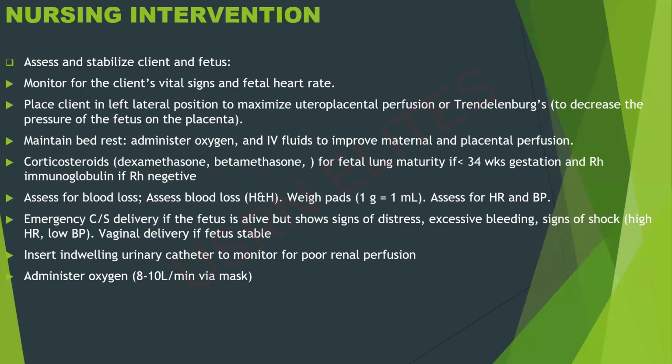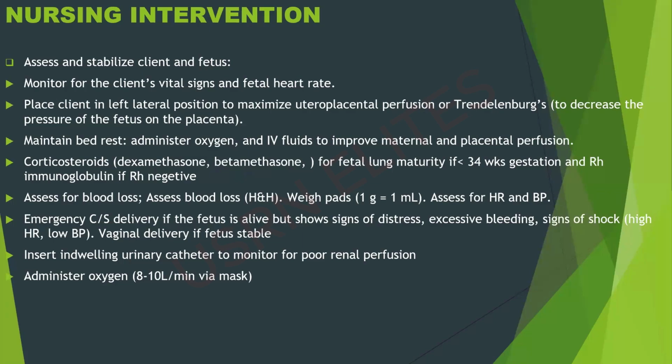Yeah, I understand. So it means it depends on the assessment at the time. Yes, please? Because you said we give corticosteroids to mature the fetus lungs, right? So at the time that the baby is immature, and there is complete detachment as well, wouldn't there also be a need for corticosteroids?